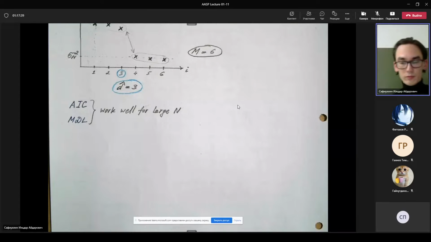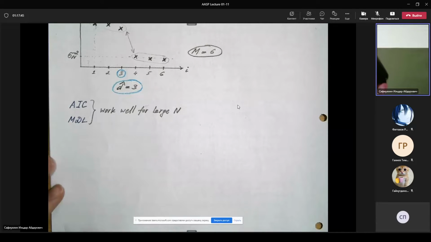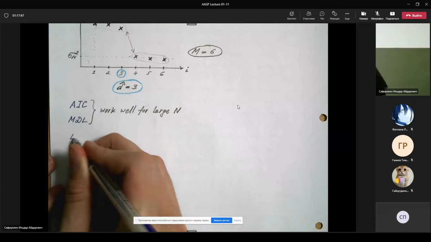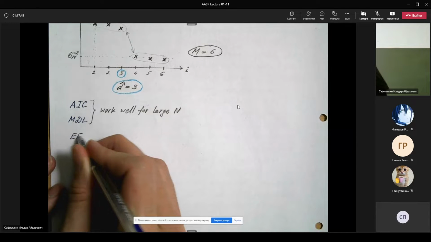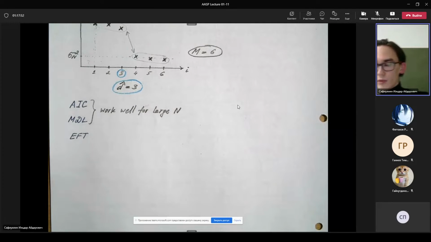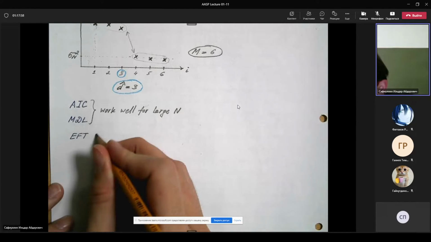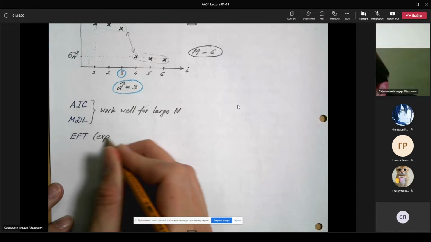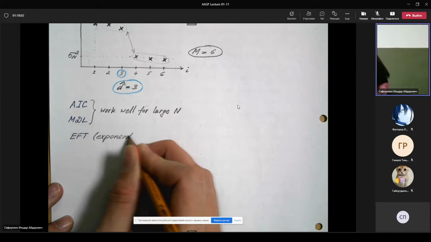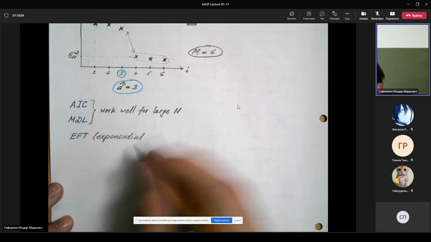Then we have the exponential fitting test, so EFT. This one also works for a small number of observations. So exponential fitting test.